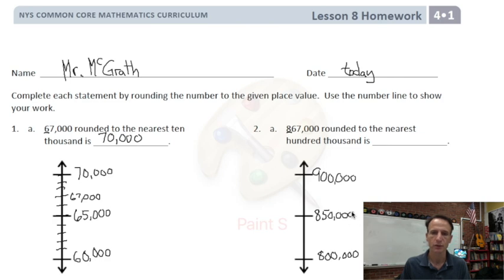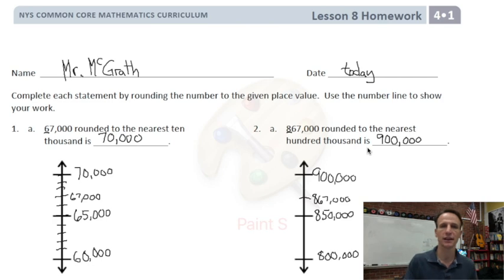And then we simply place 867,000 on this vertical number line. We can see that 67 comes after 50, right? So say right about here, we have 867,000. And obviously, what is it closer to? Yes, it's closer to the 900,000. Great. So that's 1A and 2A. Let's go on to B, B, C, C.